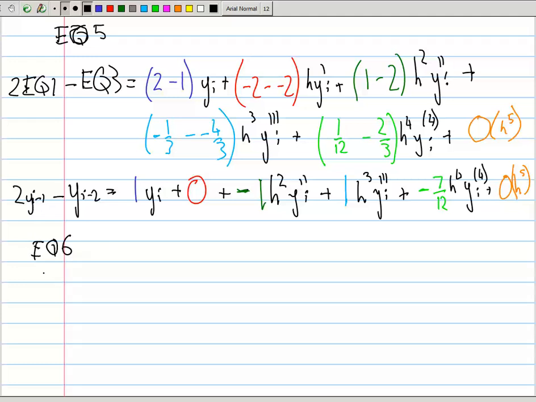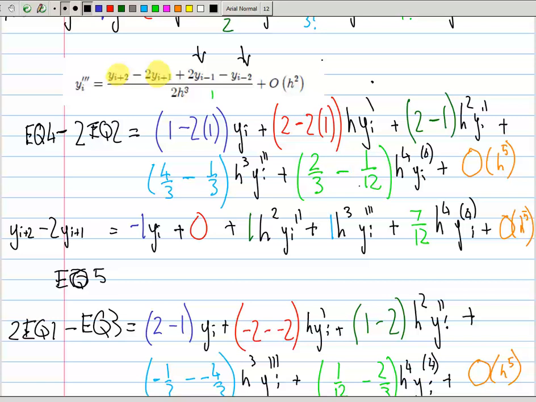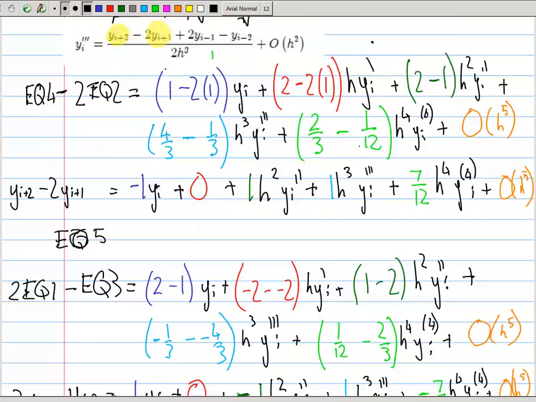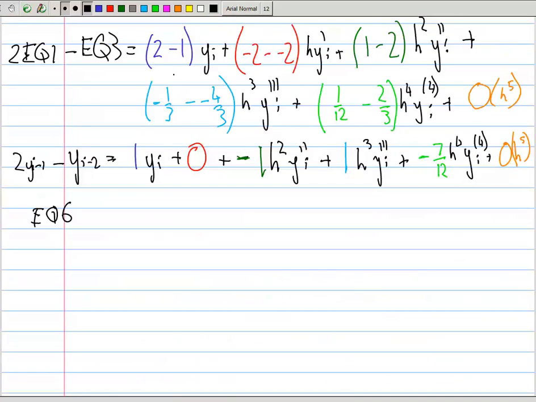So the last thing we need to do, if we look at the equation that we're given above, we have worked out this side, and we've worked out this side of the numerator. So the next thing we need to do is add them together, and let's see what happens.